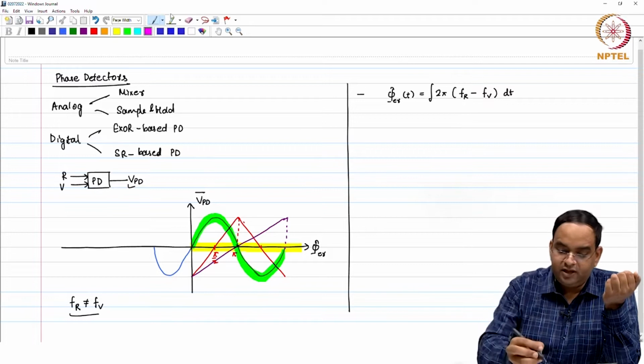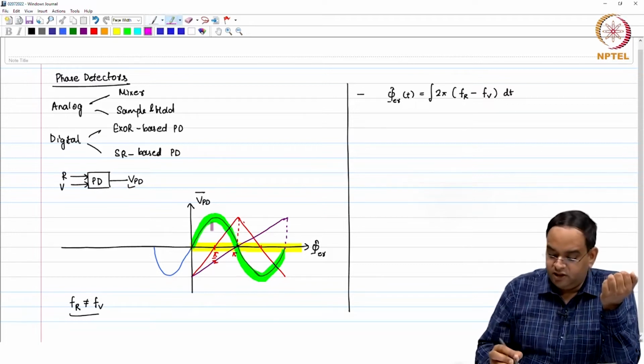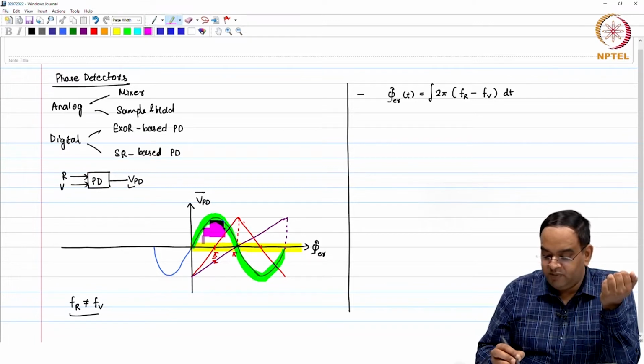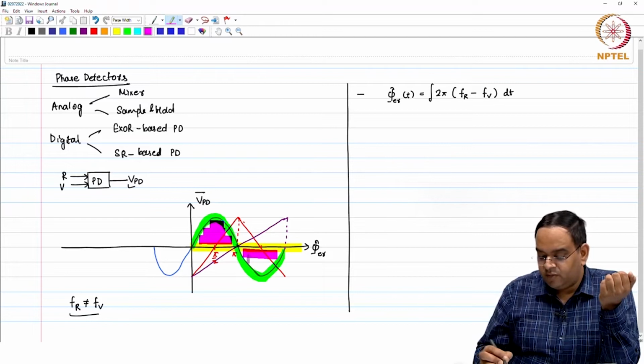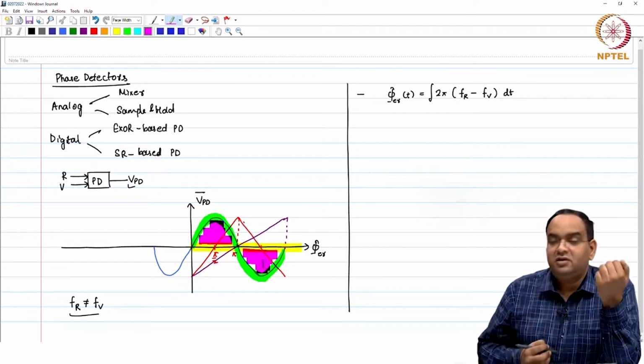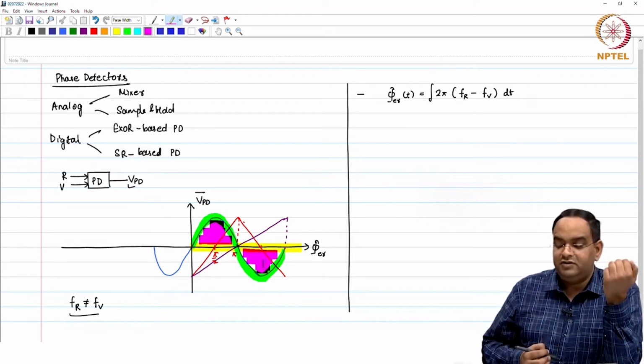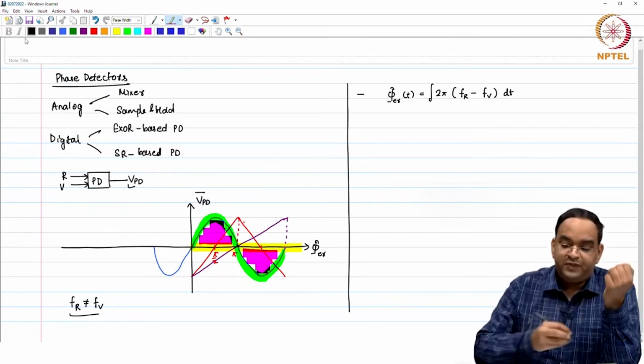The average value of VPD, as the phase error keeps on increasing, is 0, since from the top and bottom curves the area under the curve is equal to 0.